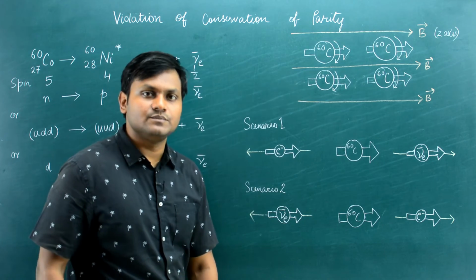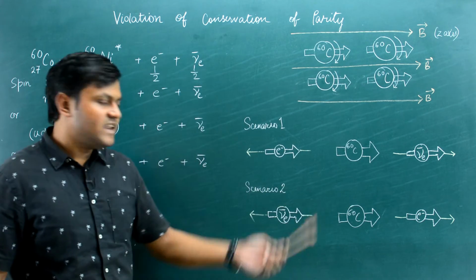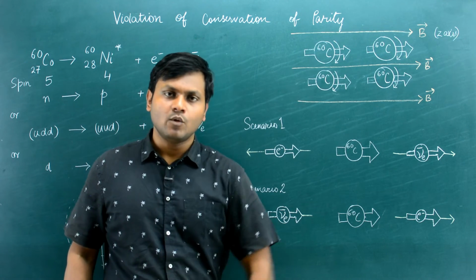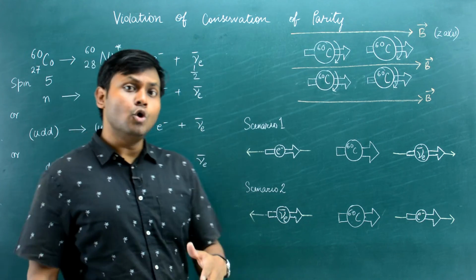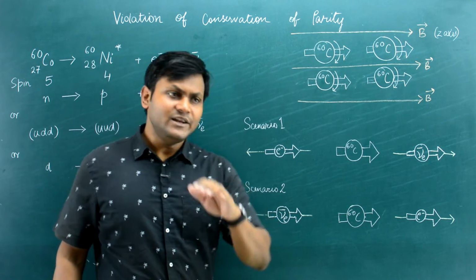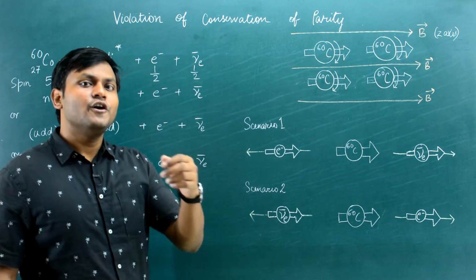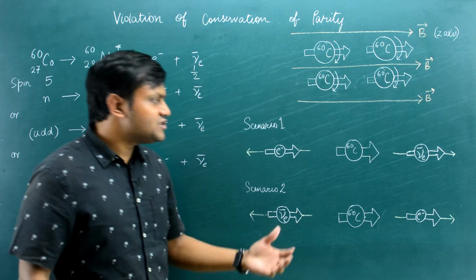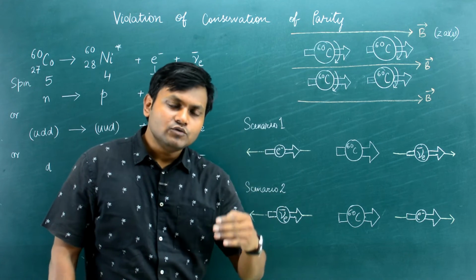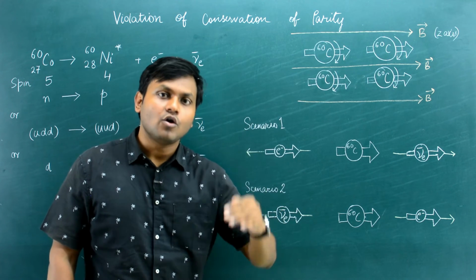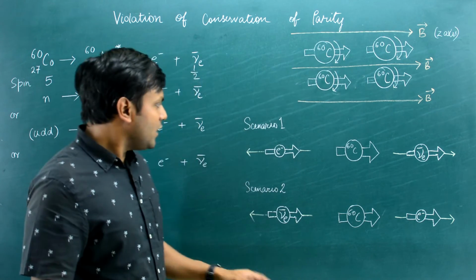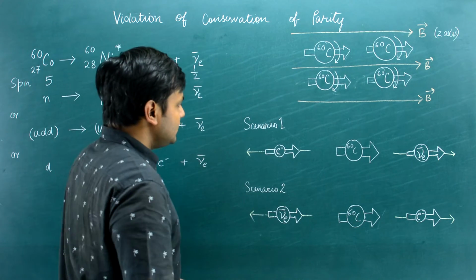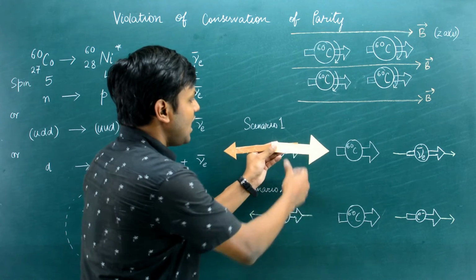Now both of these scenarios are possible as far as conservation of angular momentum and conservation of linear momentum is concerned. There is no physical law that prevents any one of these scenarios from happening, except for the fact that I just now told you that neutrinos are always left-handed and antineutrinos are always right-handed. If you look at the electron in the first scenario, linear momentum and spin angular momentum are in the opposite direction.